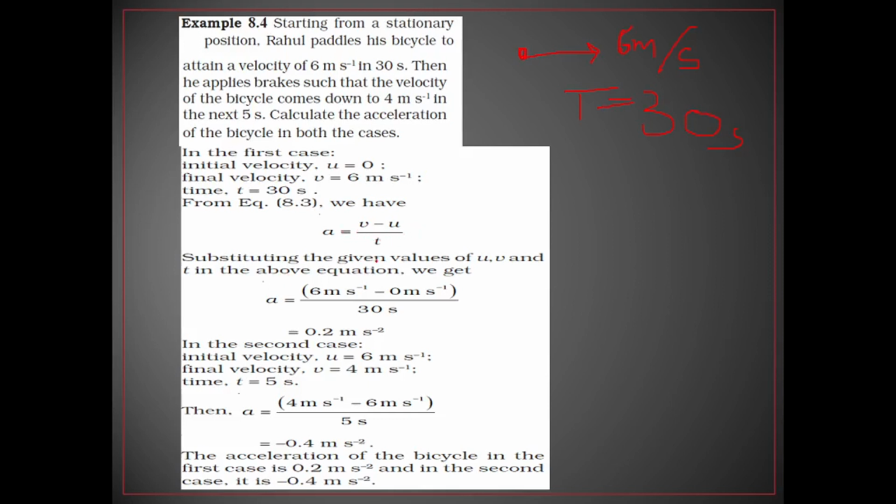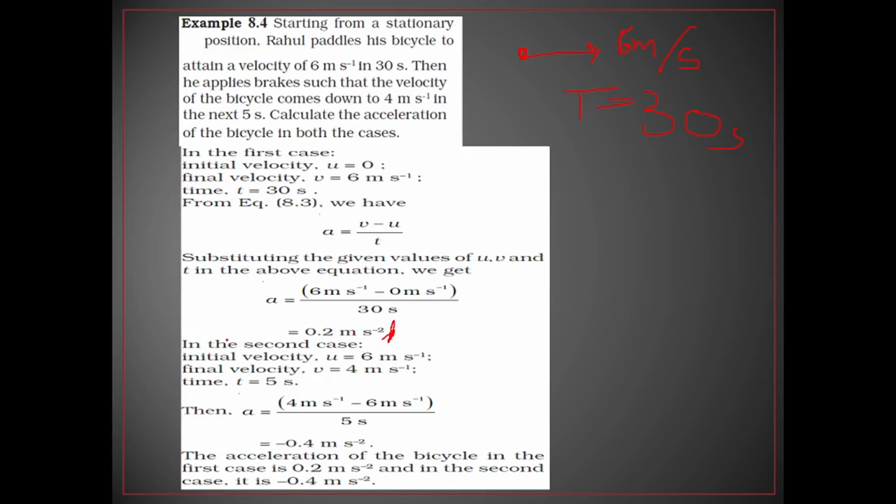So substituting the given values of u and v, we get acceleration equals 6 meters, which is given final velocity, and the initial velocity is 0 since he starts from stationary, and the total time is 30. So when you divide 6 by 30, you will get 0.2 meter per second square, unit of acceleration.